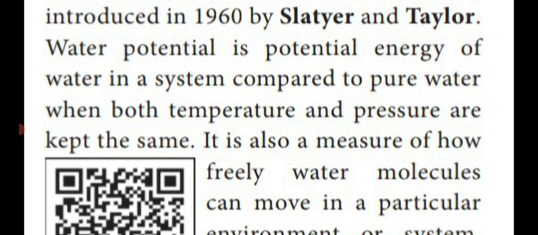The answer, see the third line: water potential is the potential energy of water in a system compared to pure water when both temperature and pressure are kept at the same level.